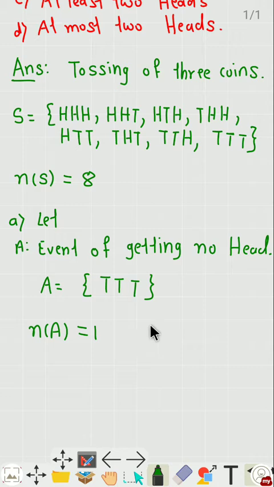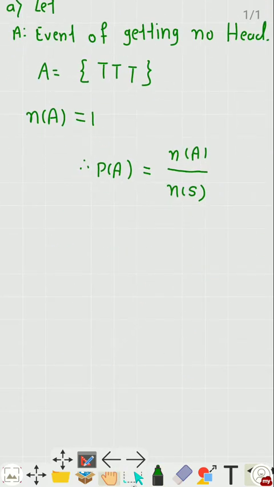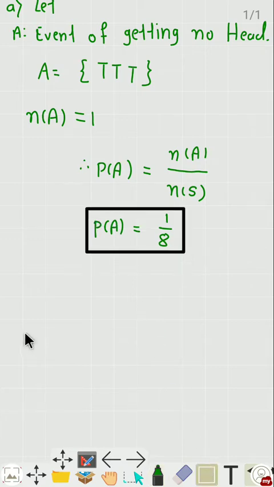There is only one possibility. Therefore we can find the probability of A now. Probability of event A, by formula, is n of A divided by n of S, which is equal to 1 upon 8, since n of A is 1 and n of S is 8. So 1 upon 8 is the probability of getting no head.